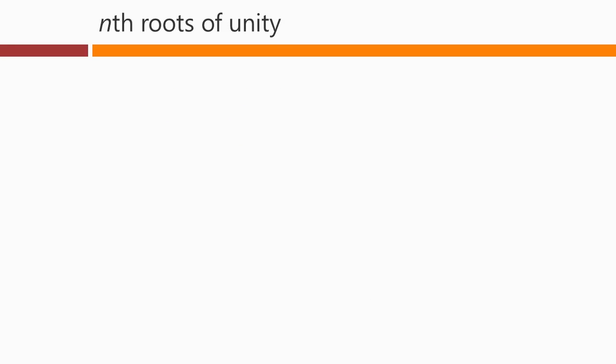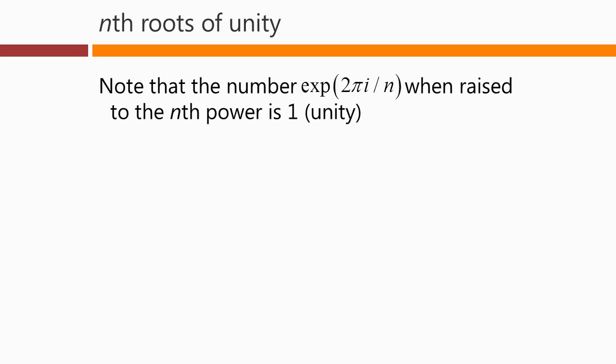One other topic that we will touch on, because we will come across it later, is a slightly odd topic called the roots of unity, and specifically what we call the nth roots of unity. So when we take this number here, exponential of 2 pi I over n, and n is typically an integer when we're working in this discussion, when we raise that to the nth power, we get unity.